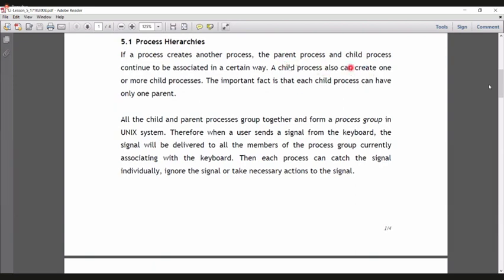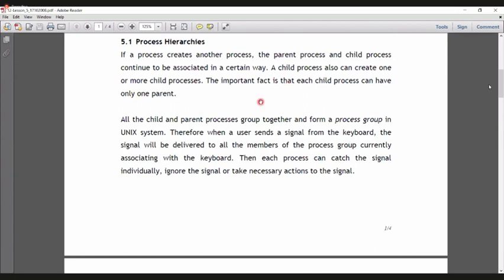The parent process and child process continue to be associated in a certain way. So there is a kind of relationship. The child process also can create one or more child processes. So any process can create many other processes.